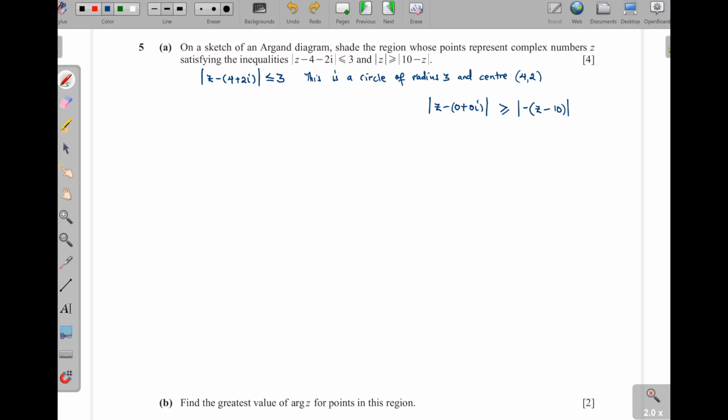Is that clear? Then this one here is going to be the same as, now I can have my minus here, then 10 here plus 0i. You see that?